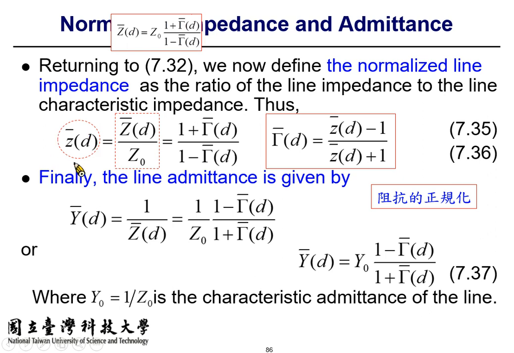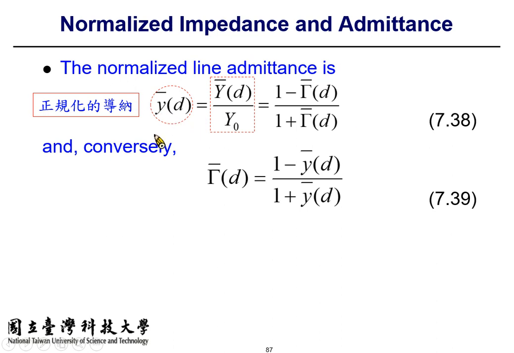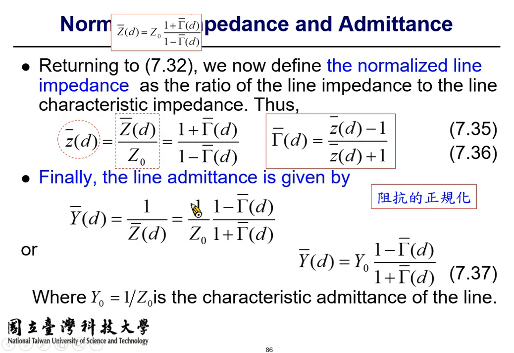This is referred to as normalized impedance, which is useful in our next section, section 7.3, when we introduce the method of Smith chart. In Smith chart, we work more comfortably with normalized impedance and normalized admittance. The definition is very simple: divide by the characteristic impedance and characteristic admittance. The reflection coefficient expressions can also be written with normalized impedance or normalized admittance, so just take a look at this yourself. All right.